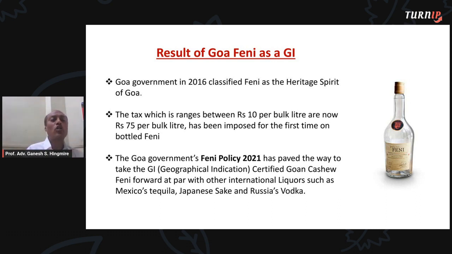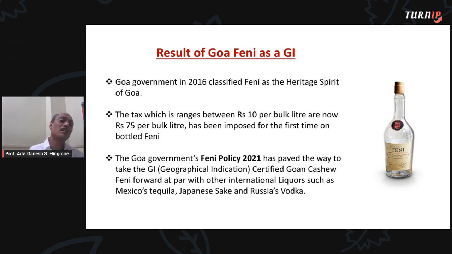So the government is also getting the revenue. What does commercialization mean? Commercialization is getting the premium price, getting revenue for the government, it includes employment for the people, it is equal to recognition, and it includes enforcement. So if I'm from Pune and want to sell Goa Feni, I cannot.